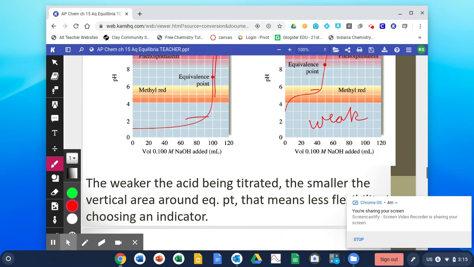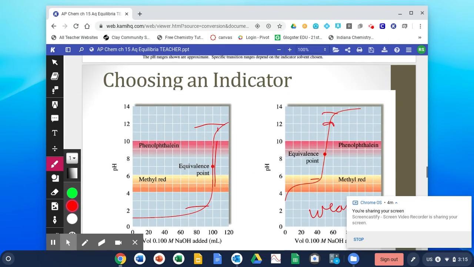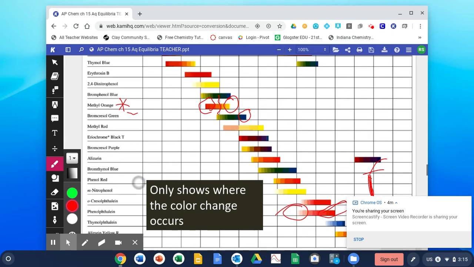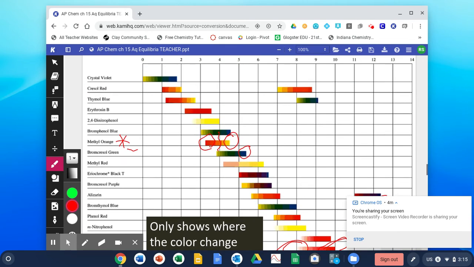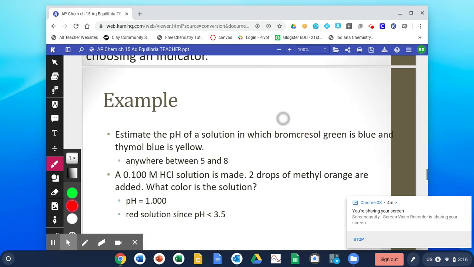And then the other part of the question said that thymol blue is yellow, so you go back to your picture, and thymol blue is where? There you go, toward the top. So thymol blue is here, and it's yellow, and it looks like it's yellow in between the ranges of 3 and 8. So that's where you would choose the answer that the pH must be between 5 and 8 there.